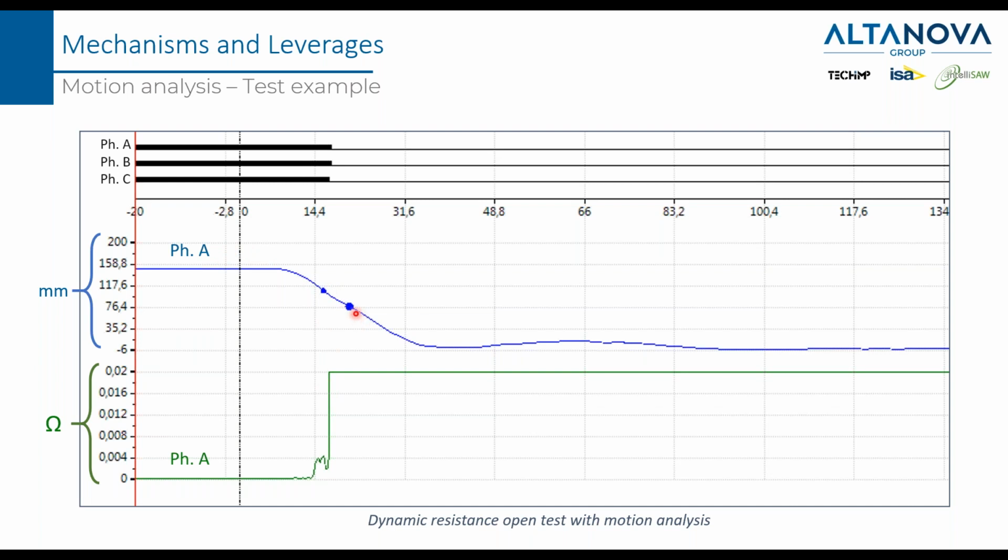And these two points are the representation of the two datum points that were set in the breaker analyzer. We can see that this point corresponds to the transition close to open of the phase A. The second, most probably, was decided as an offset of distance from this point.